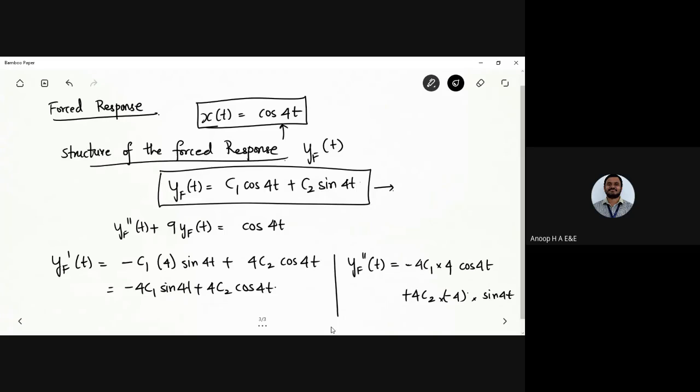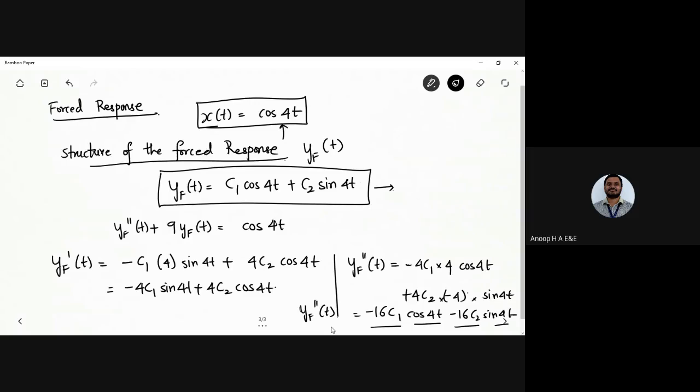So you need to change that: minus 16c1 cos 4t minus 16c2 sin 4t. So that is what you get as yf double dash of t, equal to minus 16c1 cos 4t minus 16c2 sin 4t.